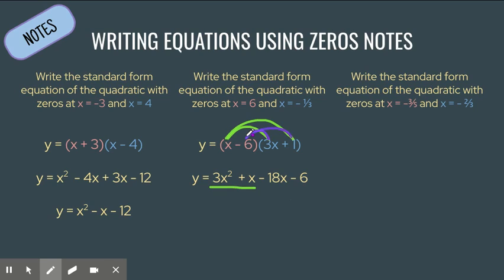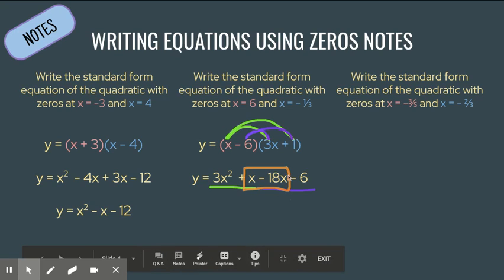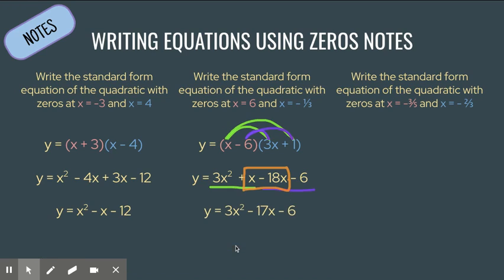And the negative 6 times 1 is negative 6. And then at the very end, you add the 2 in the middle together, which is why all of our patterns, when we're factoring, add to the middle. And x minus 18x is negative 17x. Okay, so just set up the factors and multiply it out.